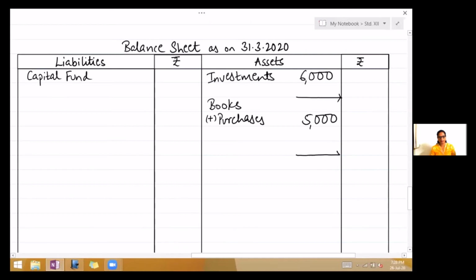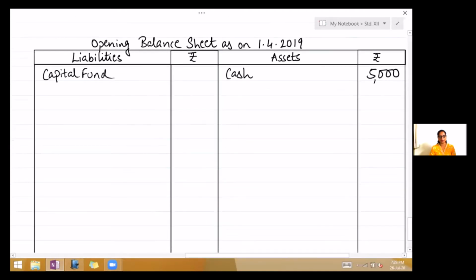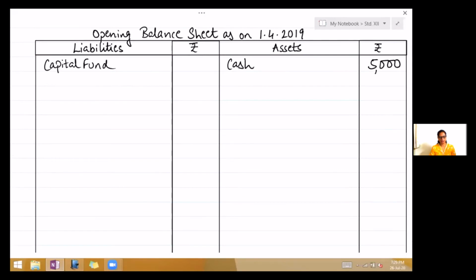Leave 2 lines. Next we have outstanding expenses 2018-19. Now these are last year's outstanding expenses. So it will be shown in the opening balance sheet on the liability side. Outstanding expenses 500.